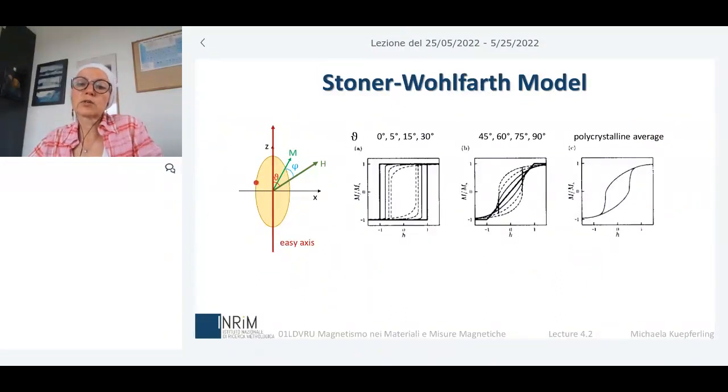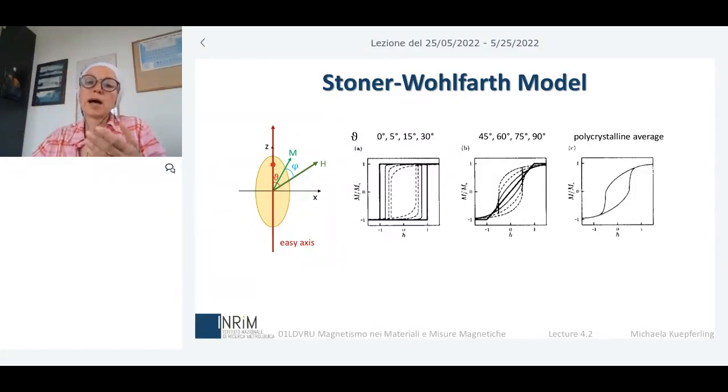Of course, now you can consider that there are all other angles theta. And if we want to think about a polycrystalline material, where we have a lot of these single domain particles, let's say, close to each other, pointing in all kind of different directions.